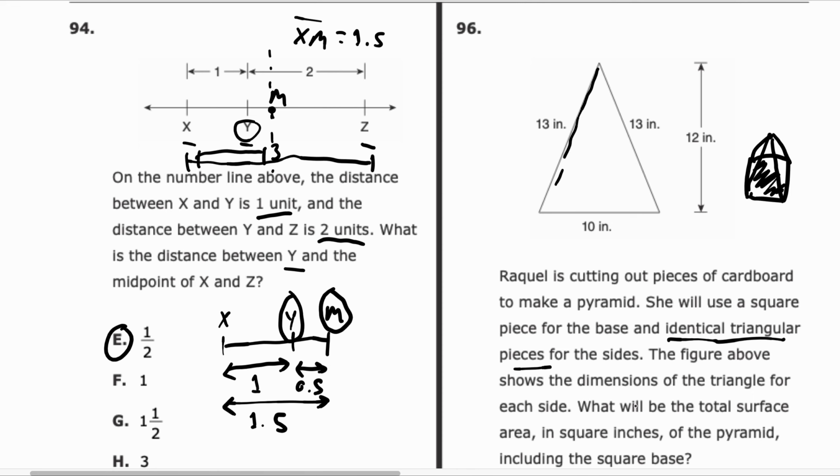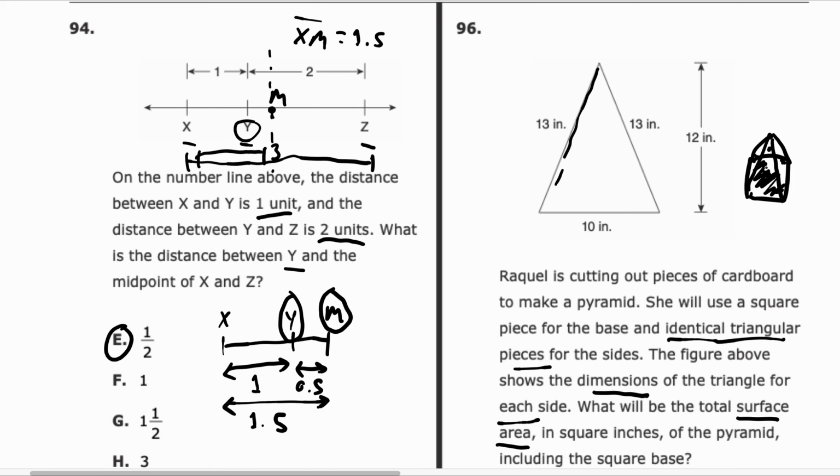Okay, the figure above shows the dimensions of the triangle for each side. What will be the total surface area in square inches of the pyramid, including the square base? Okay, so if we look at the surface area, it's going to be basically 4 of these triangles, right?